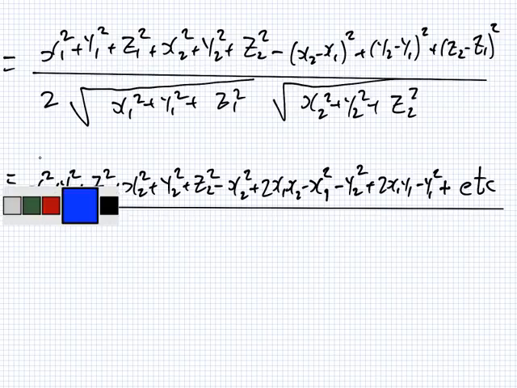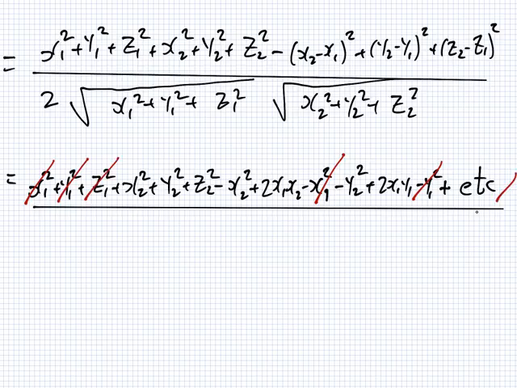But you notice that you have some cancelling here, so x1 squared minus x1 squared is gone, y1 squared minus y1 squared is gone, z1 squared minus z1 squared is gone. Here you have x2, y2, z2. Oh look, there's another cancelling. x2 squared minus x2 squared, y2 squared minus y2 squared.